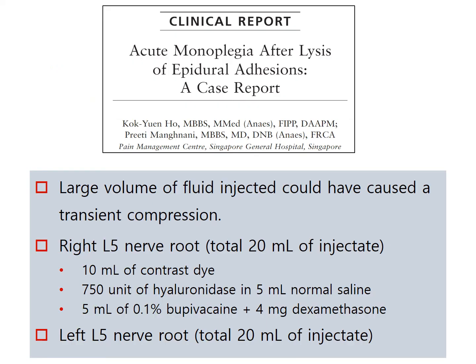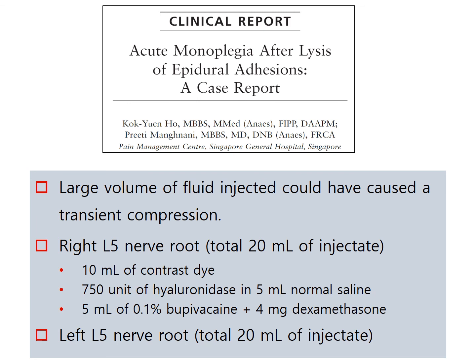This case report describes the acute monoplegia after epidural neuroplasty. Upon arrival in the recovery room, the patient developed complete motor paralysis of the right leg. An urgent MRI was performed. However, there was no hematoma or suspicious lesions around the right lumbosacral plexus.